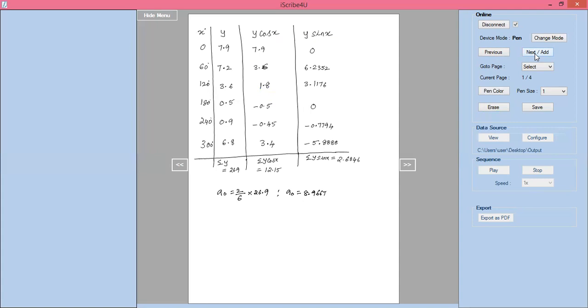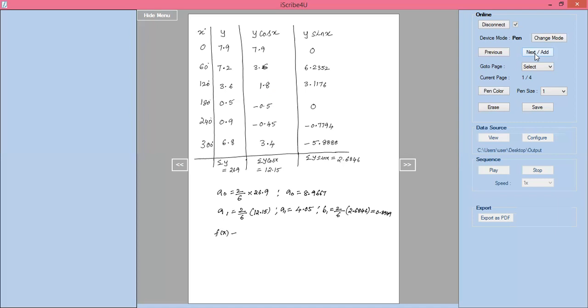Similarly, a1 equals 2 by 6 into summation of y cos x, which is 12.15, so a1 equals 4.05. Similarly, b1 equals 2 by 6 into summation of y sin x, which is 2.6846, so b1 value should be 0.8949. Now we can substitute it.